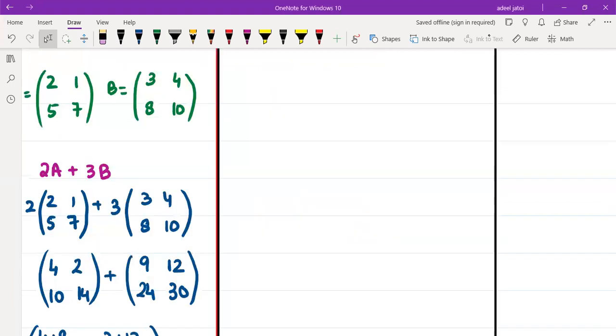In a question, suppose we did multiplication of a number. Now we'll be doing multiplication of an entire matrix.